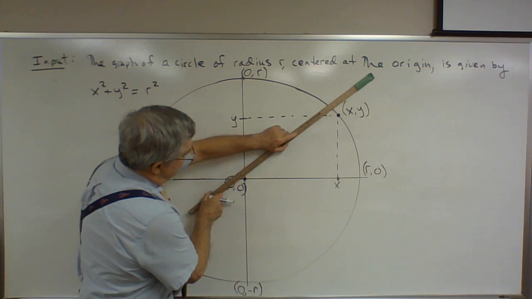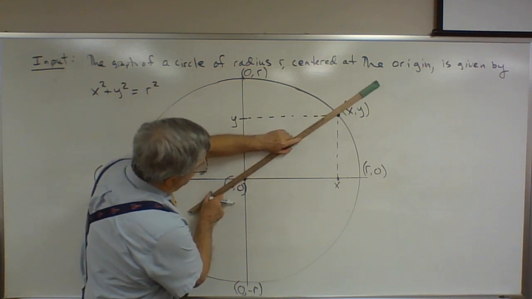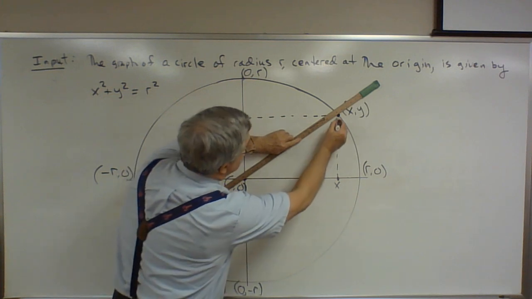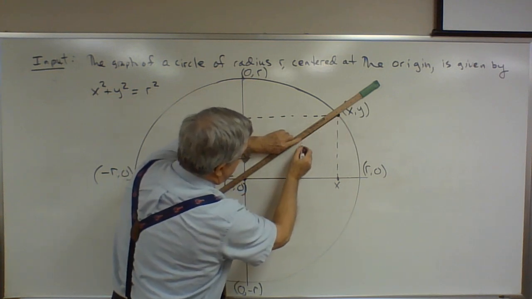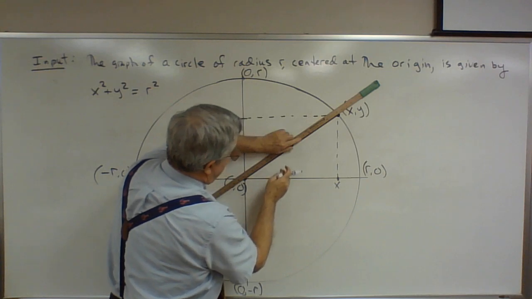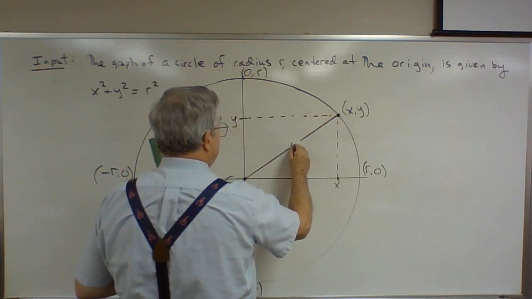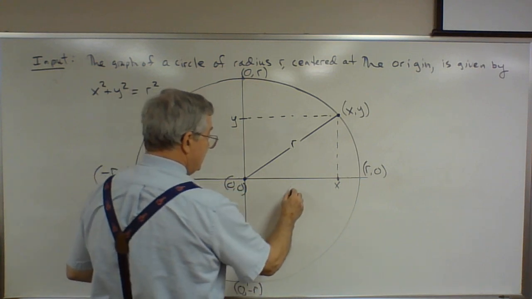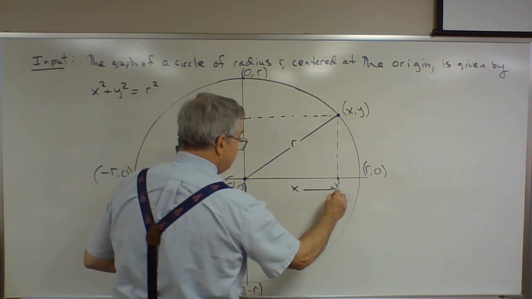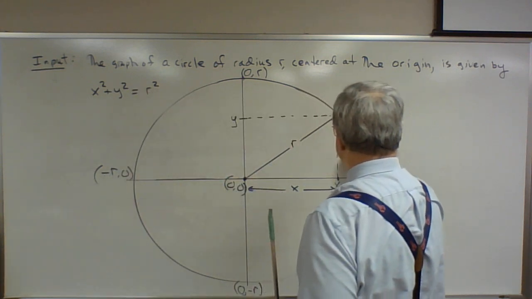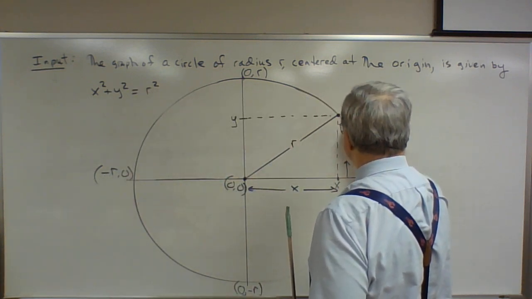And now let's draw a radius from the center of the circle to the point. This radius is r. This distance is x. This distance is y.